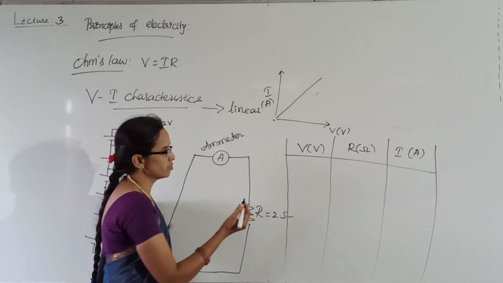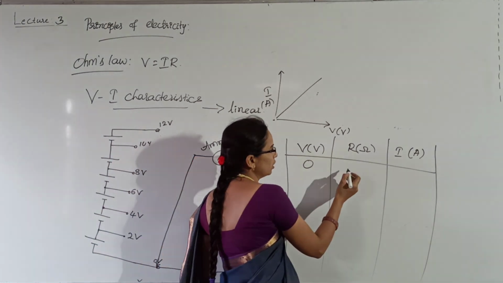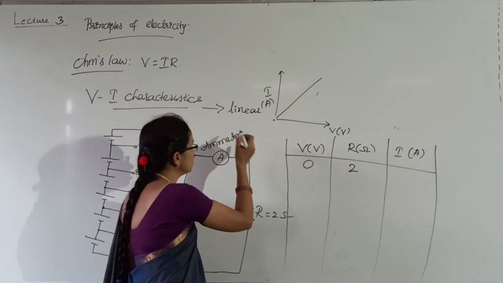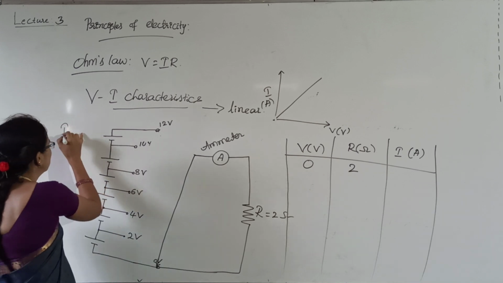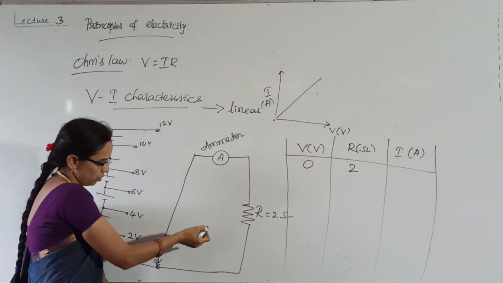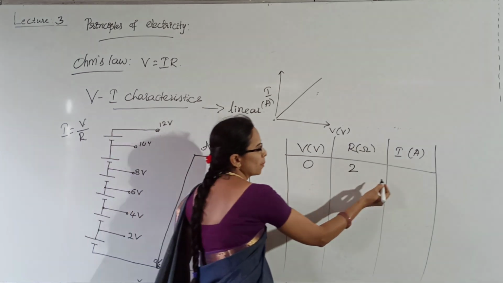No potential difference is applied, that is 0 volt. For 2 ohm resistance, I is equal to V by R. So 0 by 2 ohm is 0 amperes.